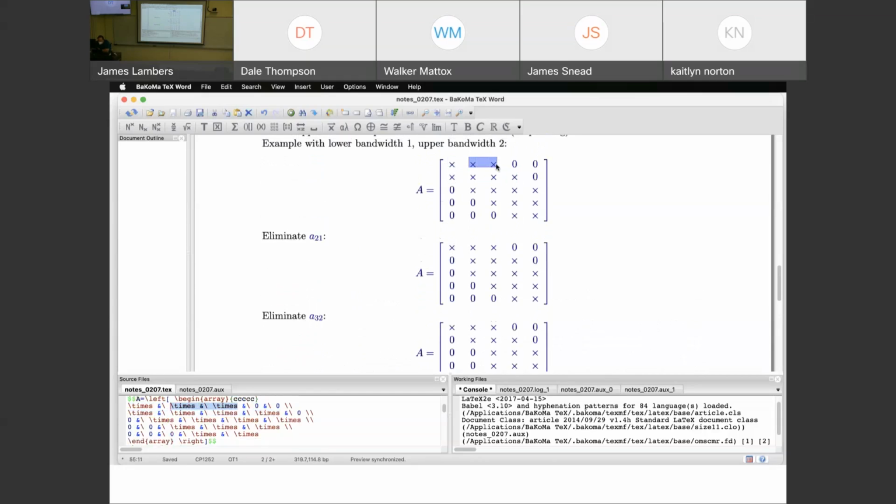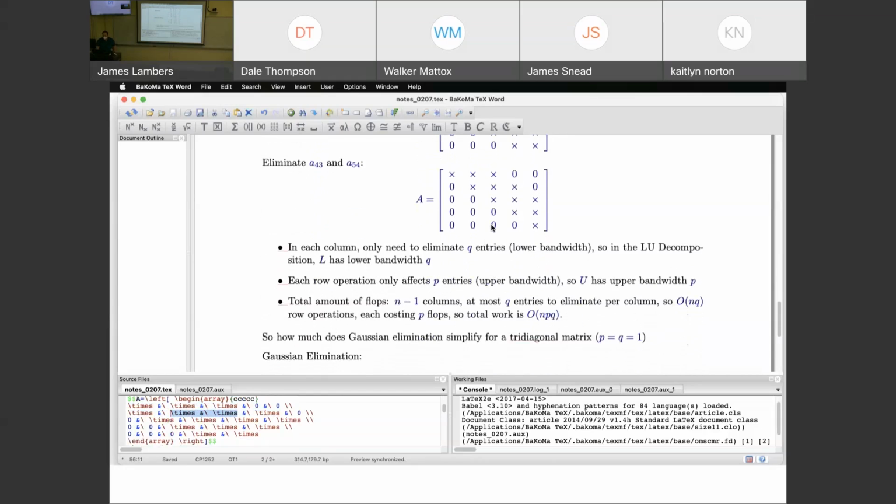The number of entries here that can make changes down below is equal to the upper bandwidth. So that's how many entries are affected by a row operation. That is why, just as L has the same lower bandwidth as A, U has the same upper bandwidth as A. So both lower and upper bandwidth are preserved in the LU factors.